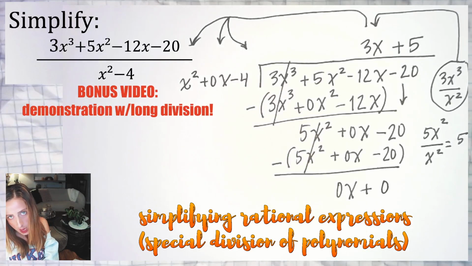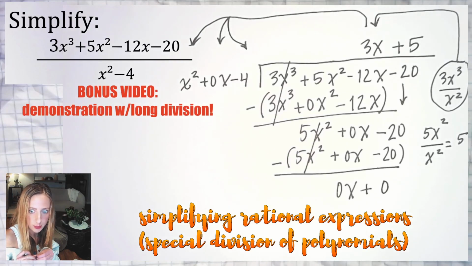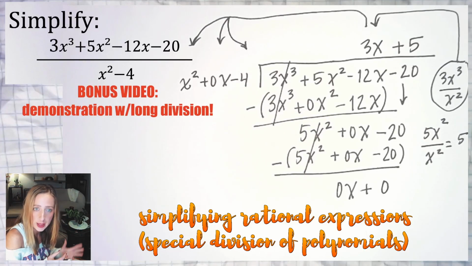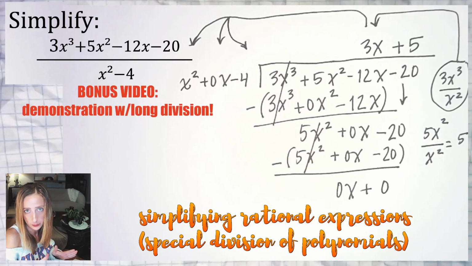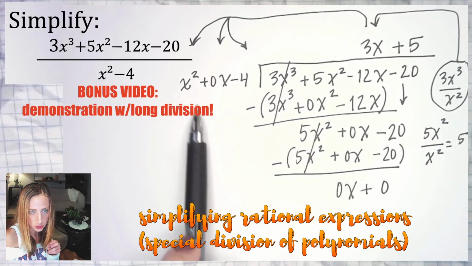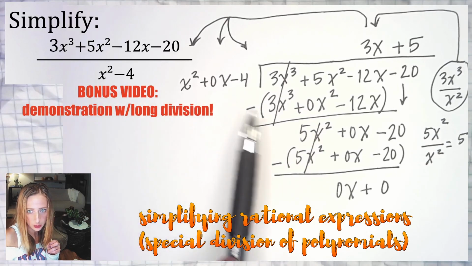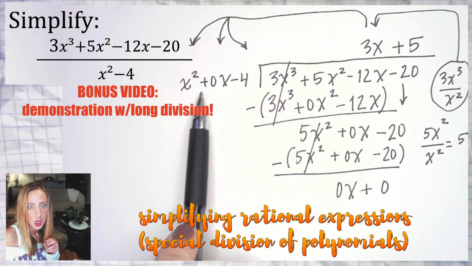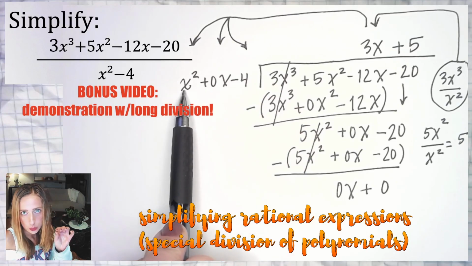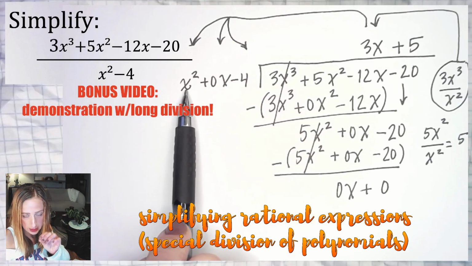So it is possible that your remainder ends up being a linear binomial, like 2x plus 3. That could be your remainder, and you'll write that over x squared minus 4. So the power of your denominator, so here it's x squared, the thing we're dividing by, the remainder will be of a degree at least 1 less.